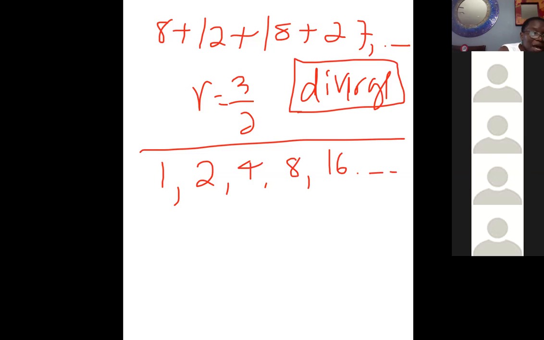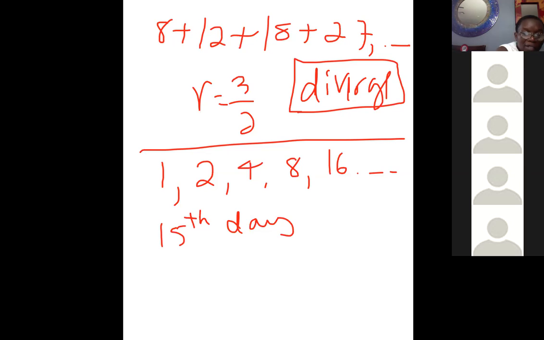The question is, how much money will you have on the 15th day? How do we calculate how much money we have on the 15th day, guys? What formula do we use? Are we looking for a sum or are we looking for a specific term?